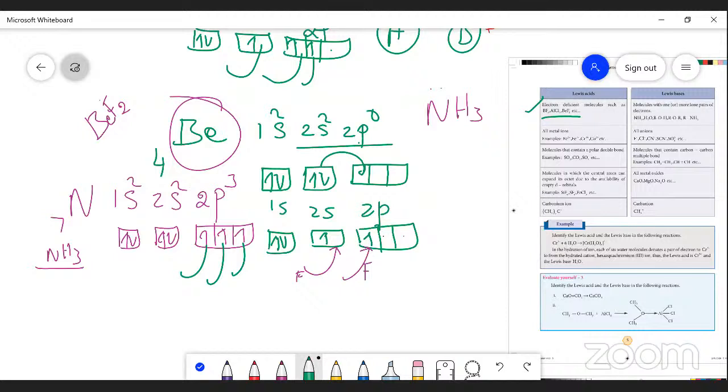This is the valence level. Here is a lone pair. Only these 3 orbitals are involved in the formation of ammonia. The leftover pair, even though it is present in the valence level, does not involve in chemical bonding. That pair of electrons is called the lone pair.